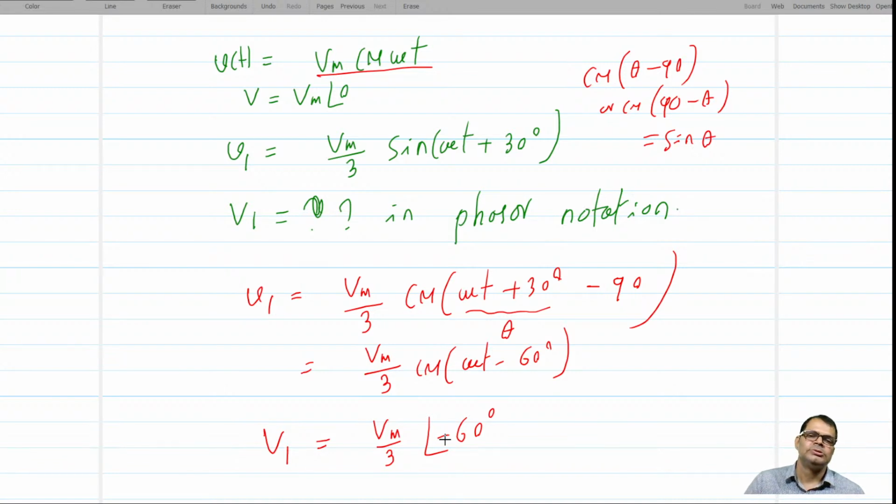In some books you will find that they represent the phasor as an RMS value, right? But we will stick to only one convention, that is representing the phasor in the peak value. Because when you study electromagnetic theory, there also they use the peak value for phasor notation. So we will stick to the peak value only.